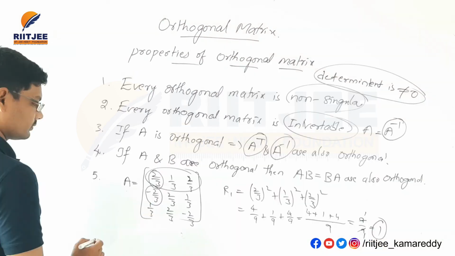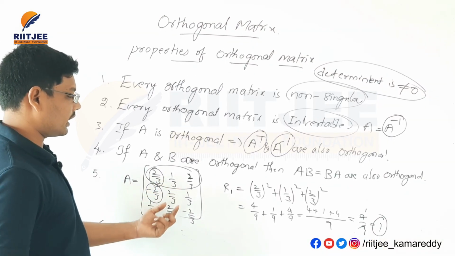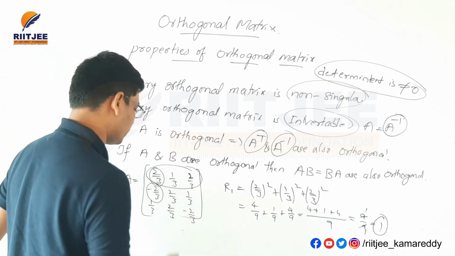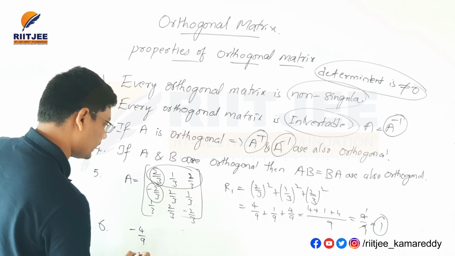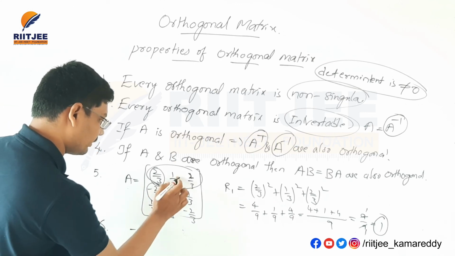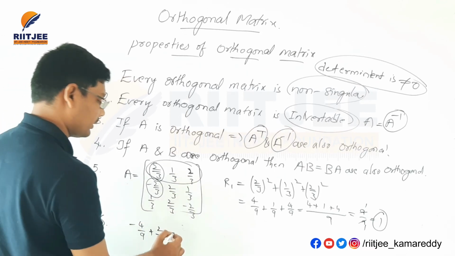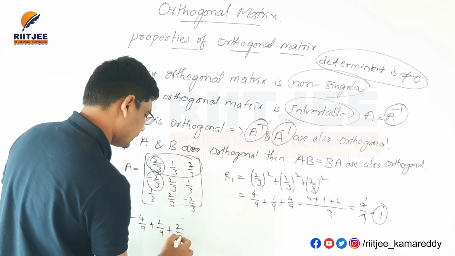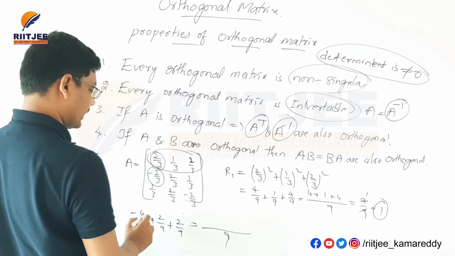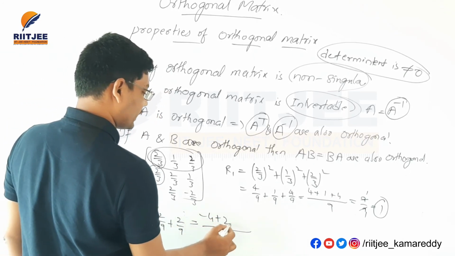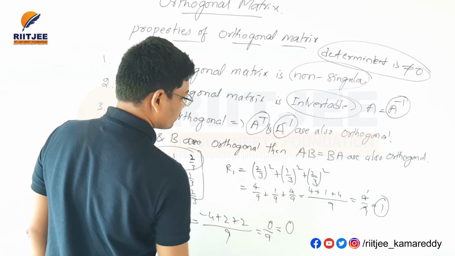Here the sixth property is that the product of any two rows or any two columns is equal to 0. Let us check. 2 by 3 into minus 2 by 3 is minus 4 by 9, 1 by 3 into 2 by 3 is 2 by 9, and 2 by 3 into 1 by 3 is 2 by 9 again. Taking LCM 9, minus 4 plus 2 plus 2 is 0 by 9, and 0 by anything is 0.